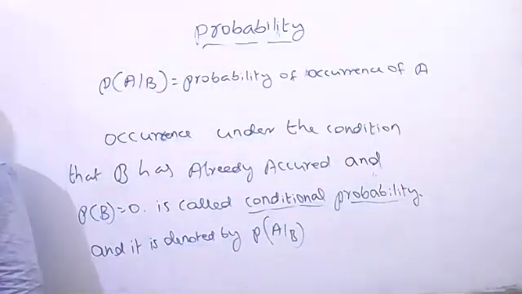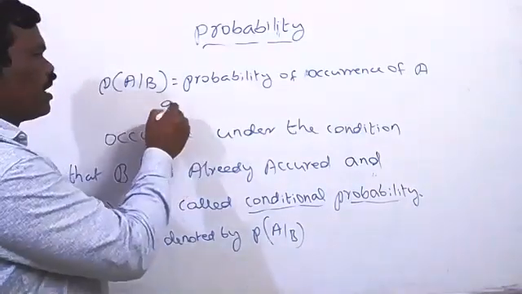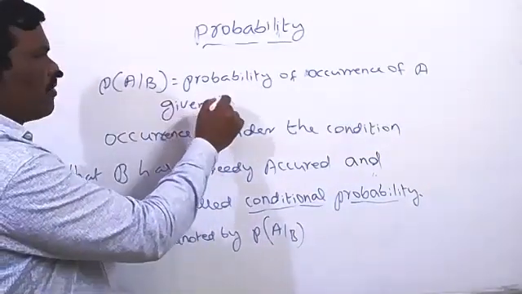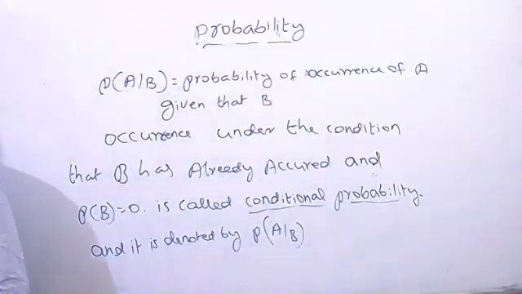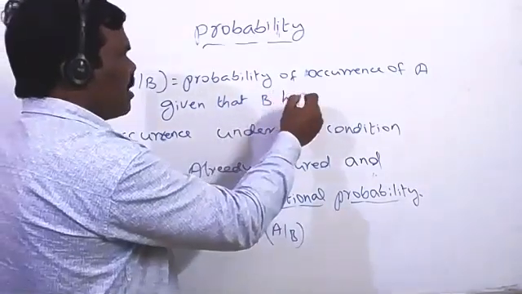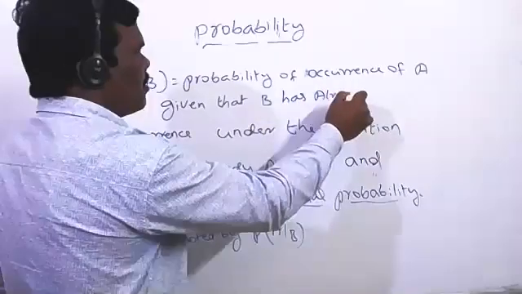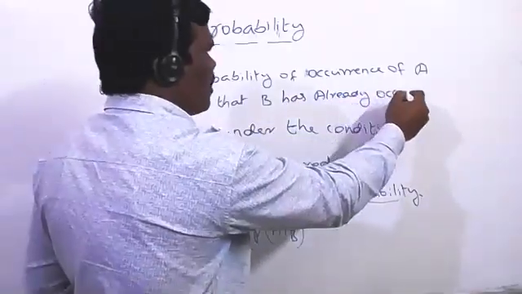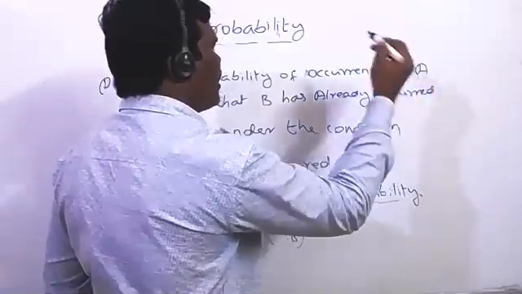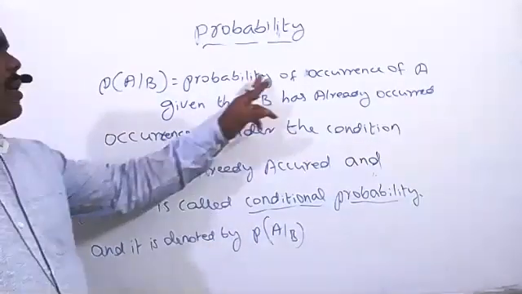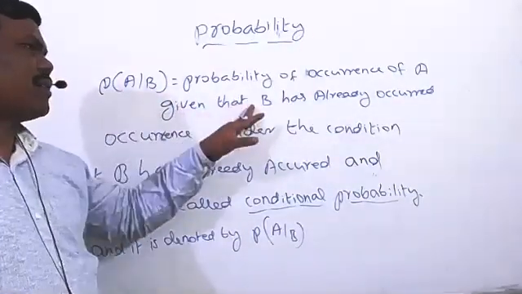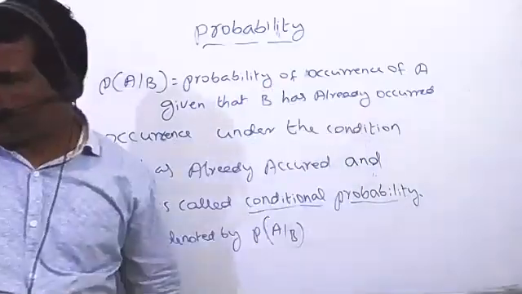Probability of occurrence of A given that B has already occurred. That is the simple meaning of probability of A by B: probability of occurrence of A given that B has already occurred.